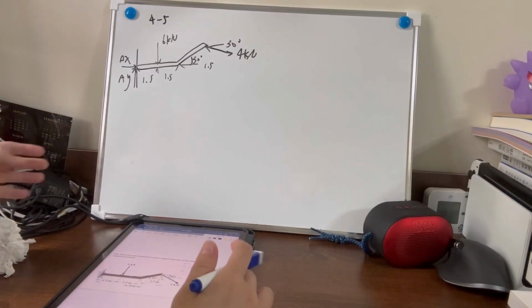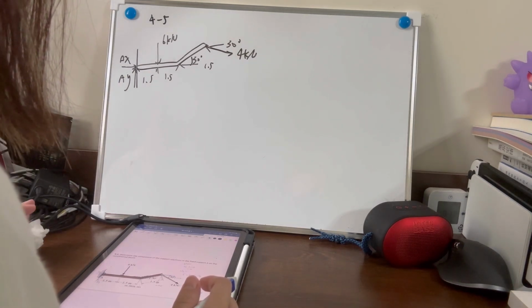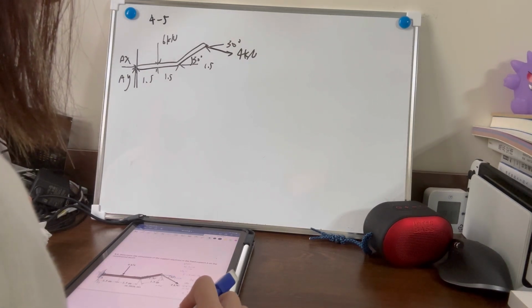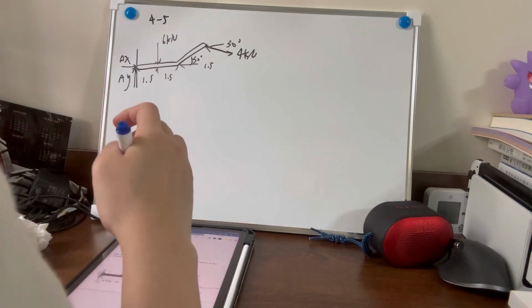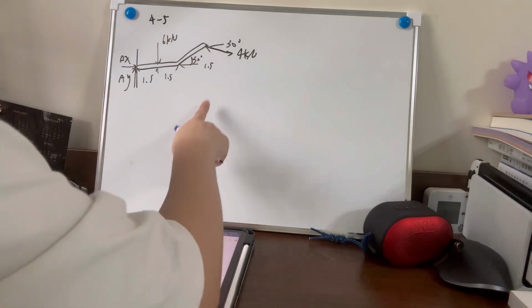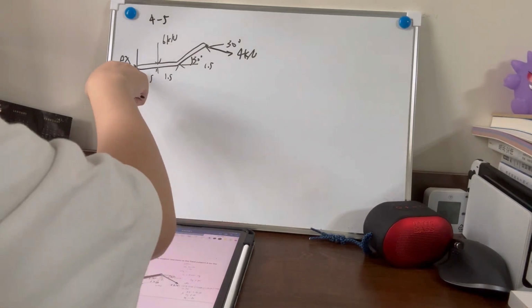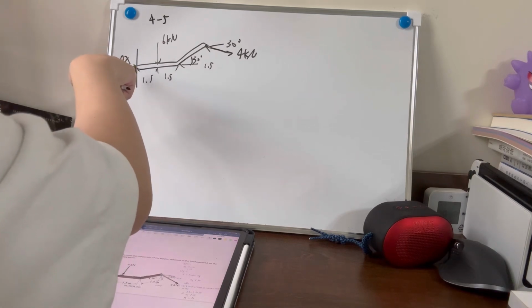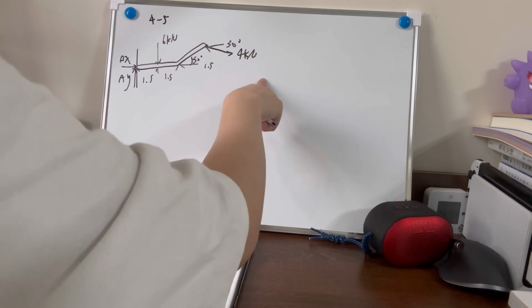And this question, we have to determine the components of the support reaction at the fixed support A on this beam. So now we have to draw the free body diagram first. So the point A, it could be Ax here and Ay here and another force here.